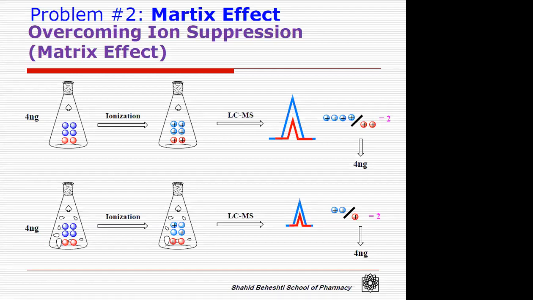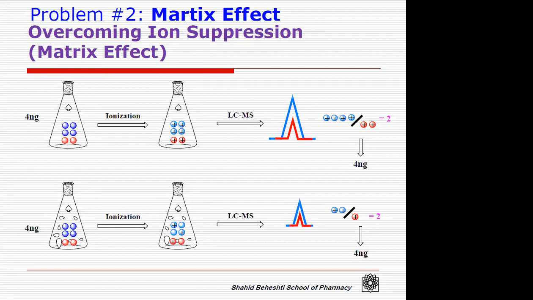And you see a picture here in which we have a blue signal, which is twice the red signal. The ratio will be 4:2, which is equal to 2. Now, this is when we don't have the matrix effect, when we don't have any other components of the sample along with our analyte.